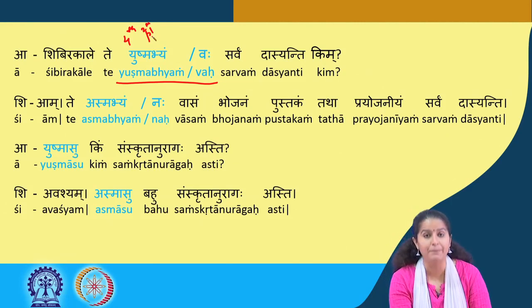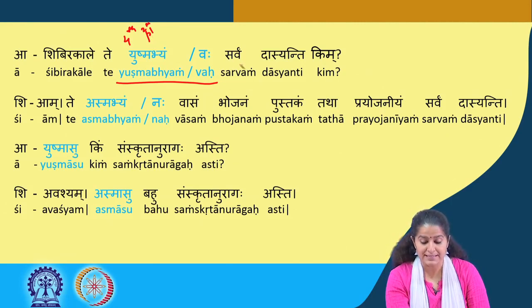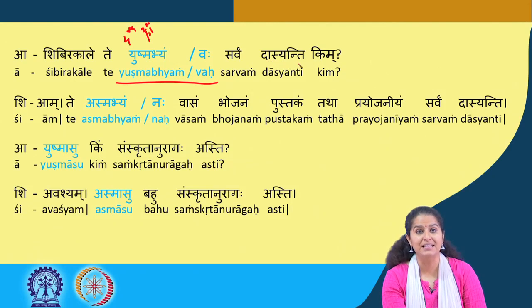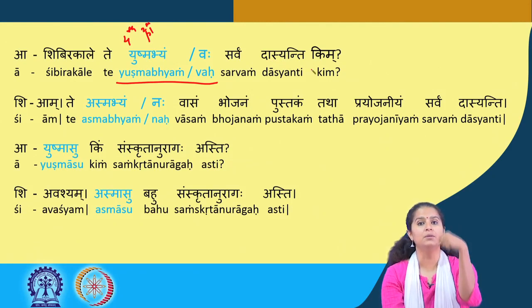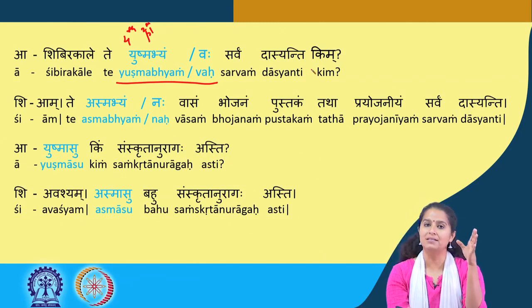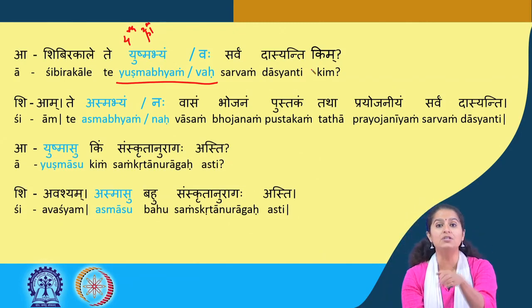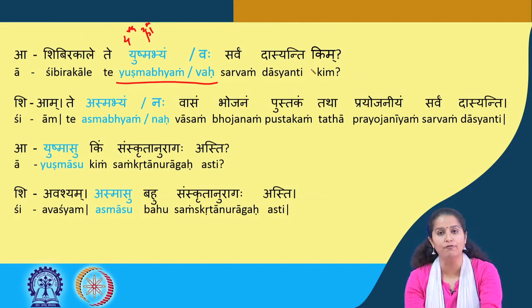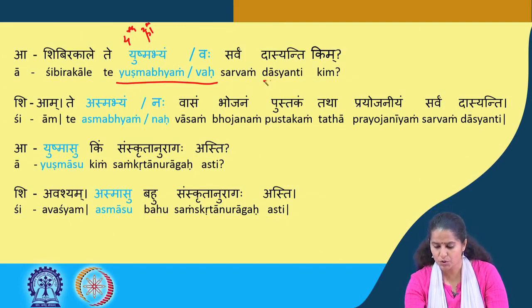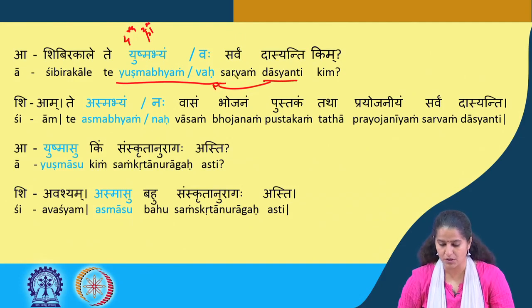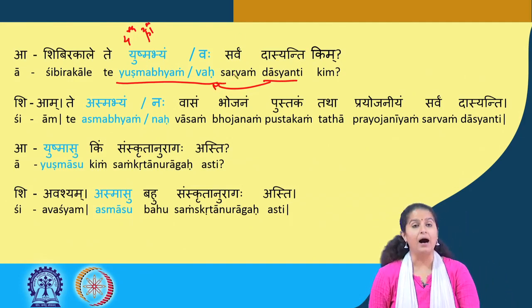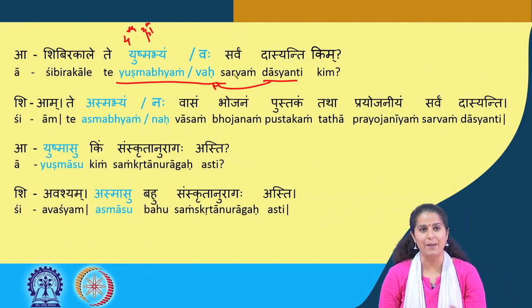It says yushmabhyam or vaha sarvam dasyanti kim. The moment you hear the verb dadati, you are sure that the noun accompanying it, the person who is receiving it, will have to be in the dative case or the fourth case. So dasyanti will indicate that. Kim, answer, and now you can start guessing what would happen.